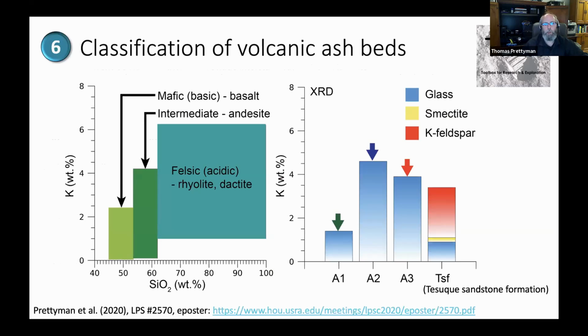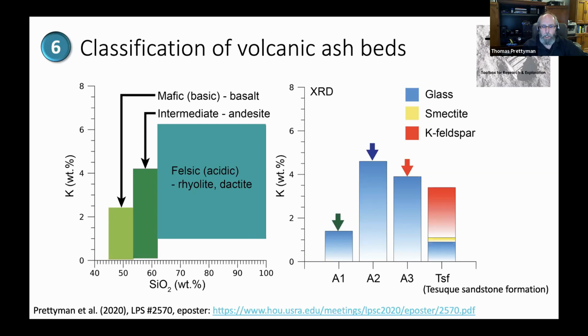So basically what we're doing is we're going to northern New Mexico to classify volcanic ash beds. On the left, I have a chart of potassium versus silica. Ideally, this would be total alkali versus silica, but I don't have the silica, but I do have the potassium, and I can use potassium as an indication of the type of volcanism that I had.